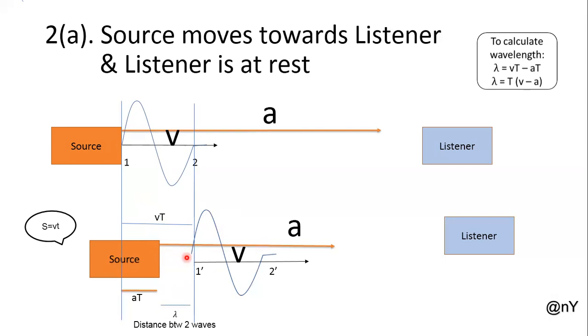So this new sound wave, which is going to be generated, will have a distance of lambda from that point to the point where the sound wave that basically traveled after some time capital T from point 1 to point 1 dash. So this will be a distance of lambda. And from the diagram, we can see that if I subtract At from Vt, I can get lambda. Therefore, by the mathematical formula, we have lambda equals Vt minus At. Taking T as common, we have T(V minus A).